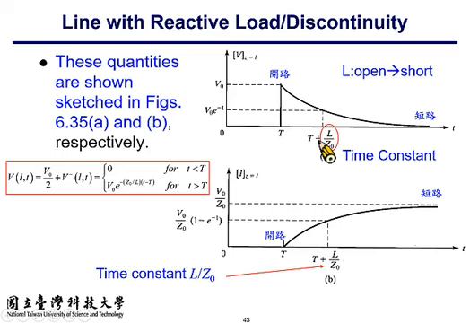If you substitute this time instant into this relationship, you find the voltage here is V sub 0, the initial voltage across the inductor, times exponential of minus 1, which is about 0.36, or to remember it more easily, about 1/3.